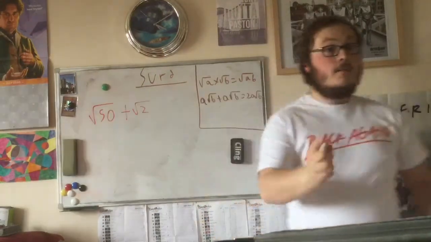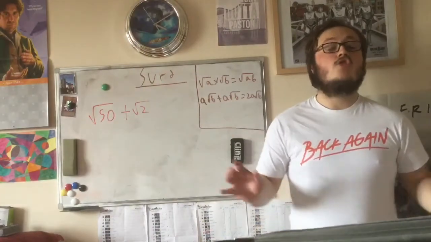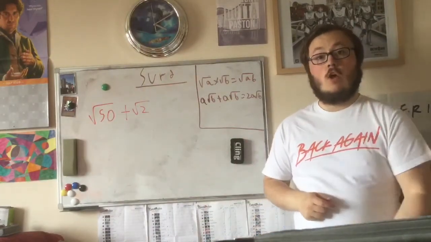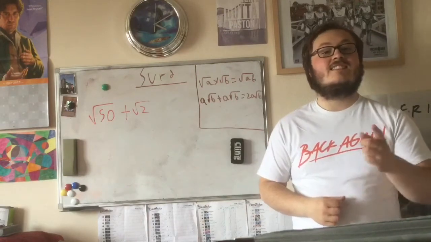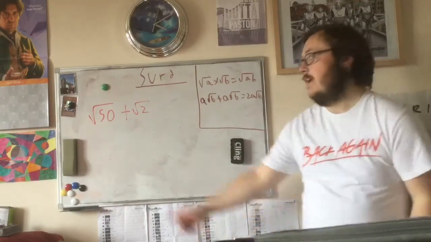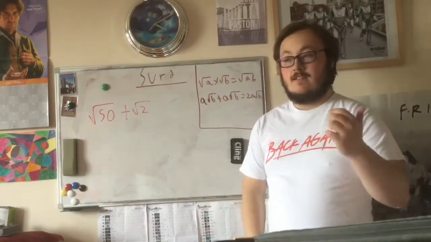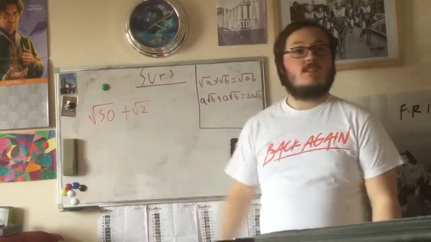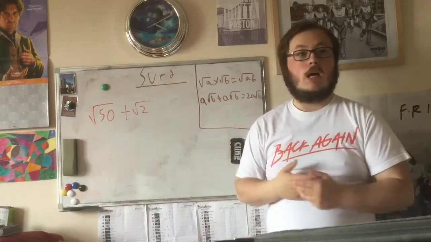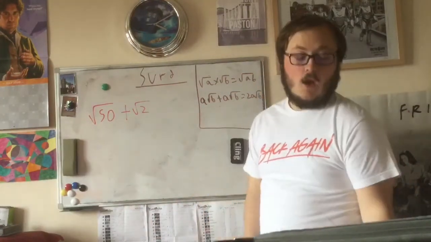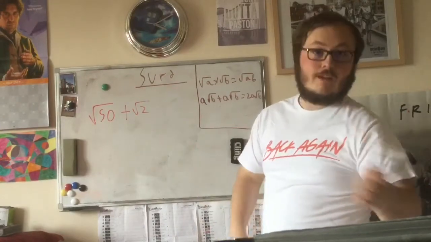Awesome! Another rule you can use is if you have two surds, you can add them together just so long as those surds are the same. Let me show you what I mean. Root 50 plus root 2 we can't do, because the surd in this one is 50 and the surd in this one is 2. They're not the same number. It won't work. So we need to simplify our root 50, which we've already done thanks to the previous question.